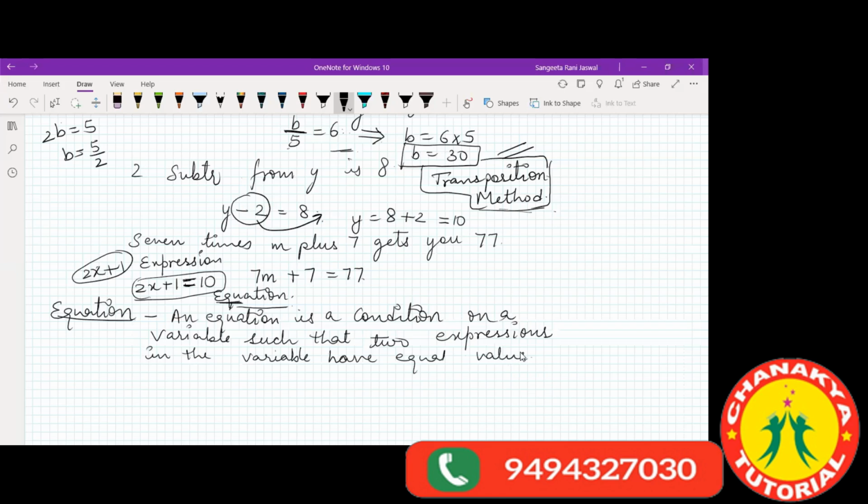Okay? A condition on a variable such that two expressions in the variable have equal value.